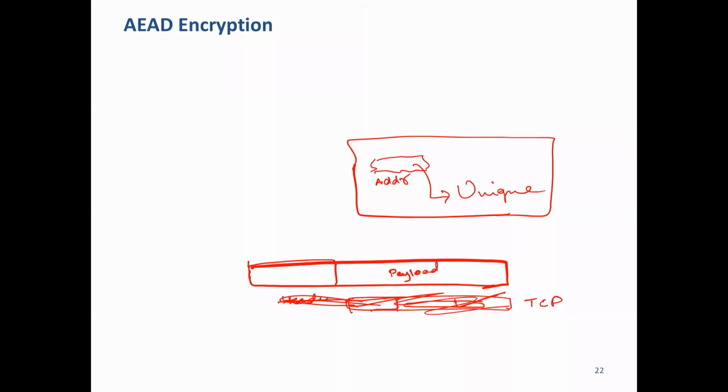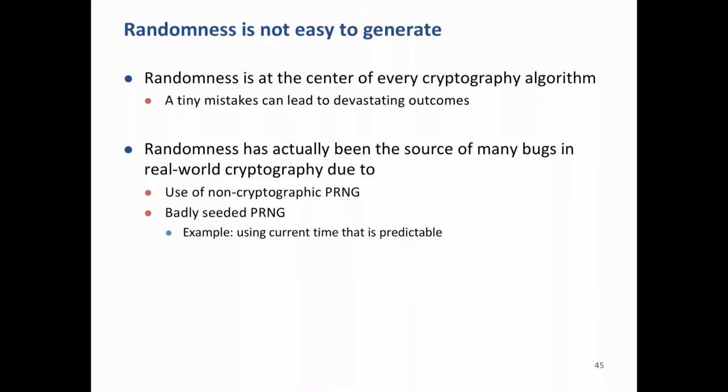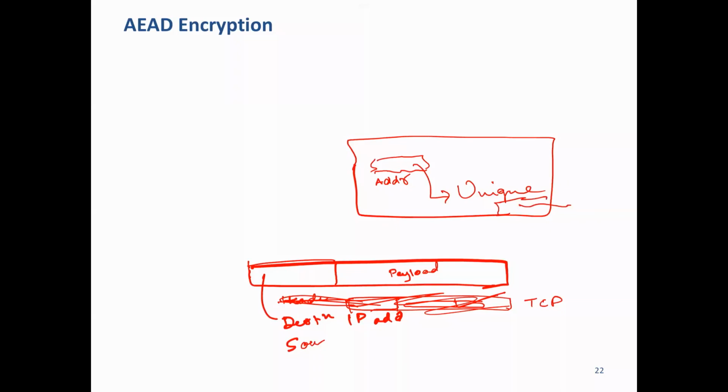Okay, so any packet that goes on internet will also have destination IP address. And also will have source IP address. Who is sending? Like your parents will say it is sent by your father, and the address. And then it will have some more information.